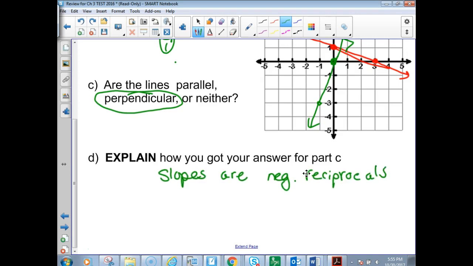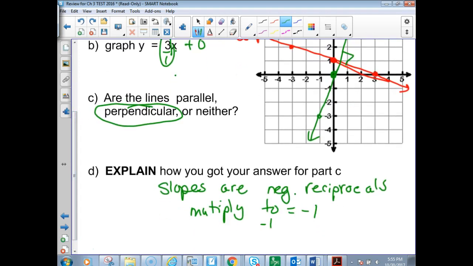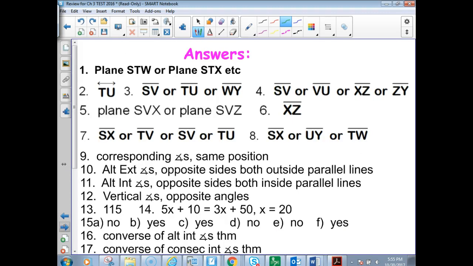Or if you said opposite signs and reciprocals, that would be fine. Or if you said they multiply to equal negative 1 and show it, like negative 1/3 times 3 equals negative 1, that's another reason they're perpendicular. The slopes are negative reciprocals.